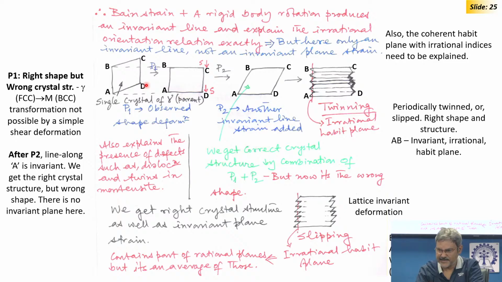from the beginning to this point. So, there comes a very important theory which says both can be taken care of: you give a P1, and then this P2 strain is taken care of by lattice invariant shear, in the form of twinning or slip, periodic twinning or slip, right, which gives you the right shape and structure.